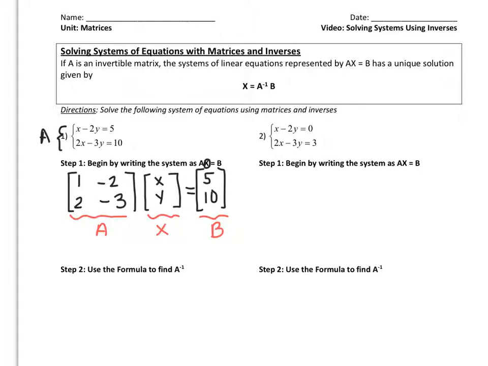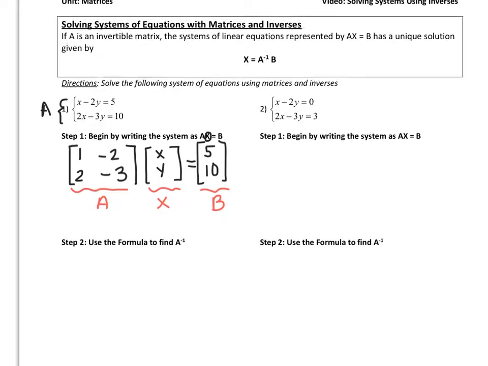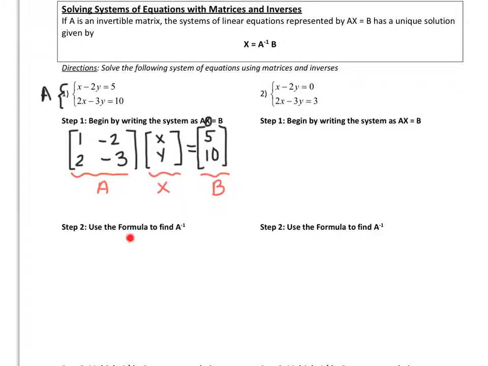So now what we're going to do is we're going to use the formula, since this is a 2 by 2 matrix, to find A inverse. So if this is A, I want to find the inverse.